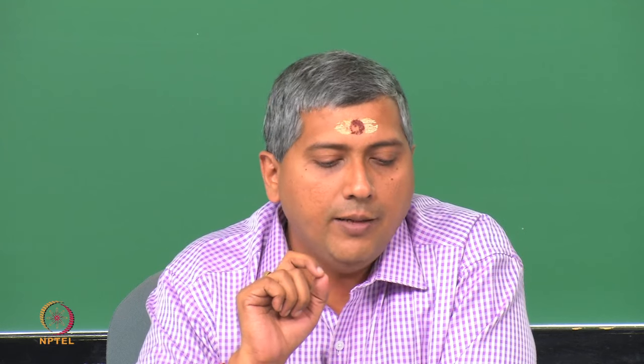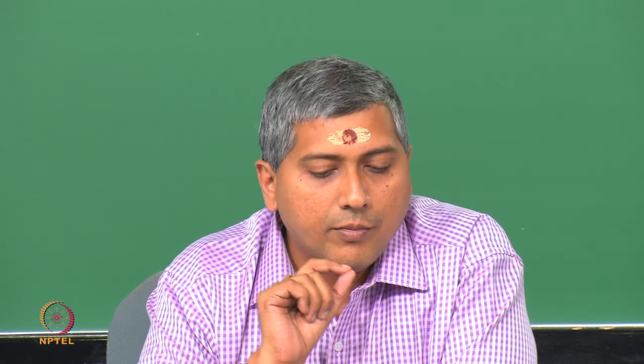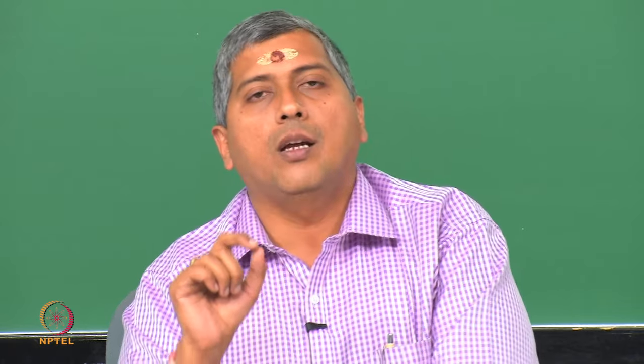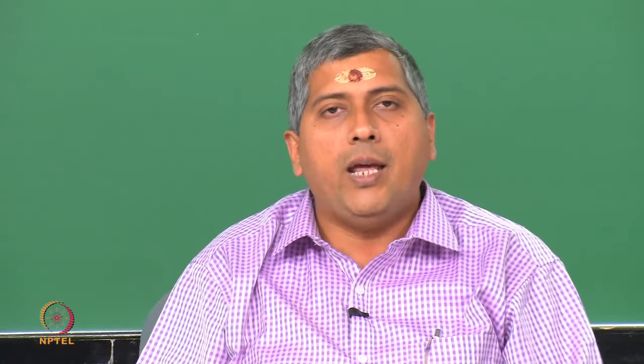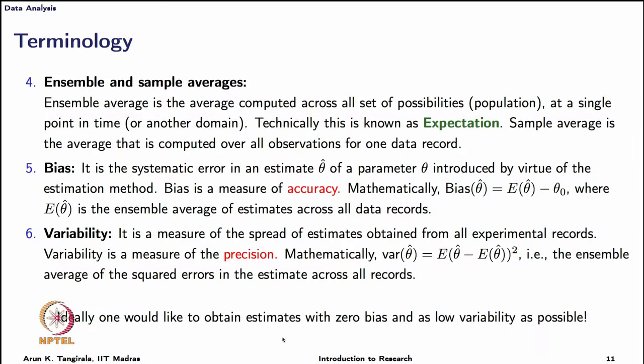Finally, the two terms bias and variability are very important in data analysis, because they both talk about the error that one makes in estimating some parameter or a set of parameters. Bias is a systematic error that one ends up making.